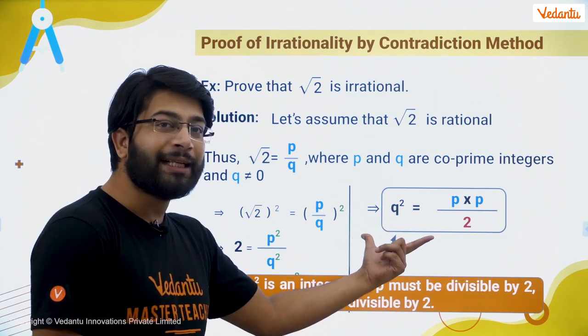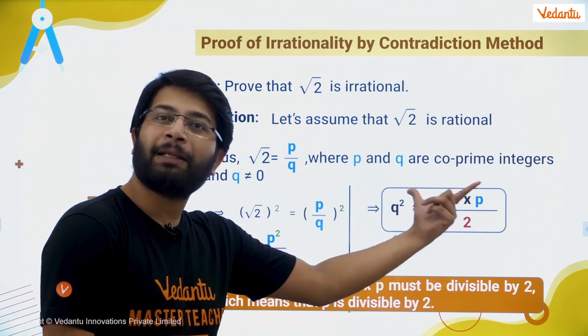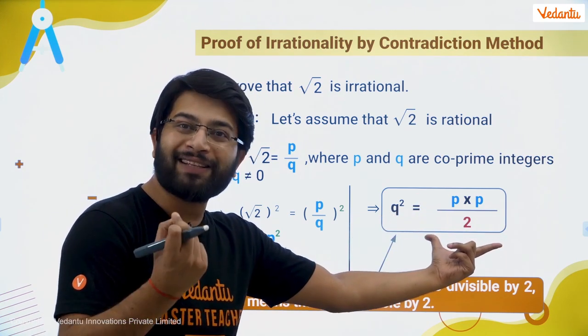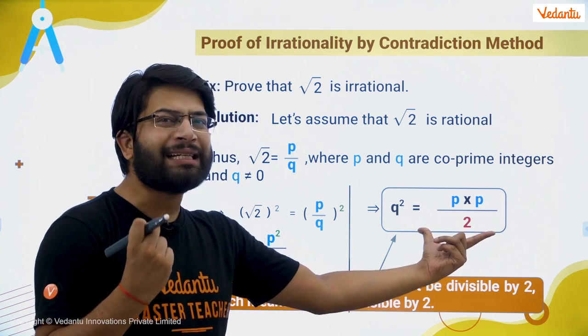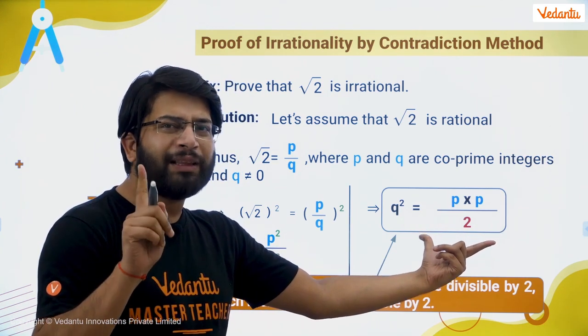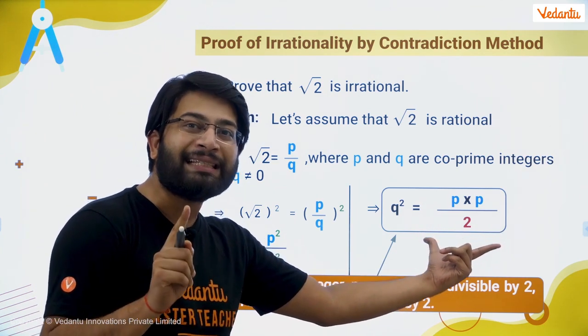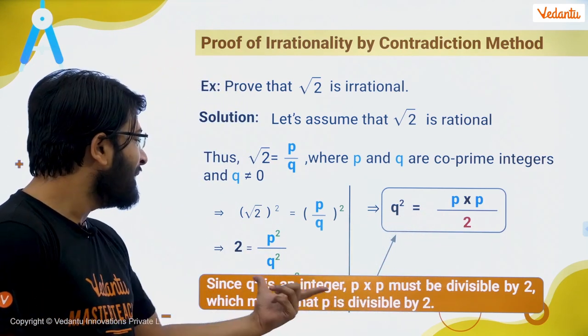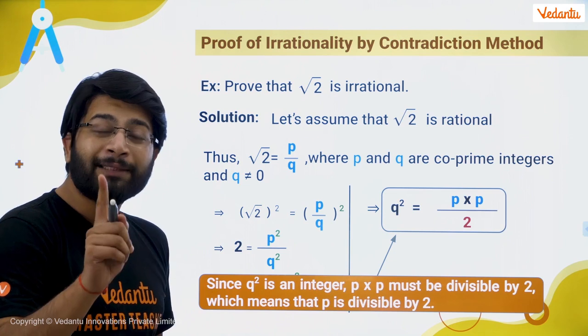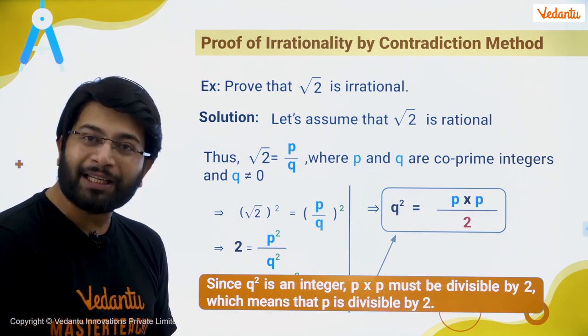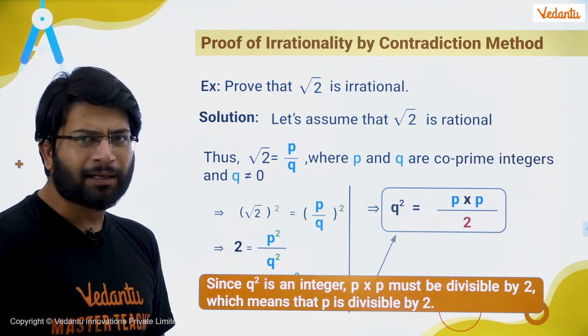If Q square is an integer, we can say that P square is divisible by 2, right? Now champ, if P square is divisible by 2, we know one theorem that if P square is divisible by 2, then P is also divisible by 2. That means the number 2 is a factor of P, right?